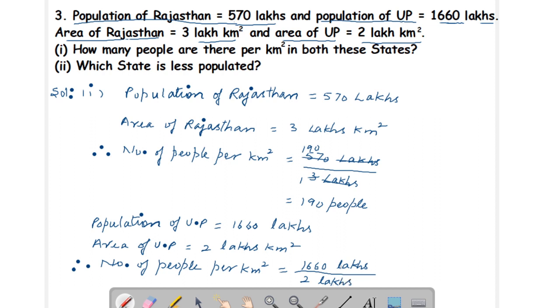You simplify it, you can cancel lakh by lakh, again by 2. 2 1s are 2, 2 8s are 16, 2 3s are 6 and 0. That is 830 people.